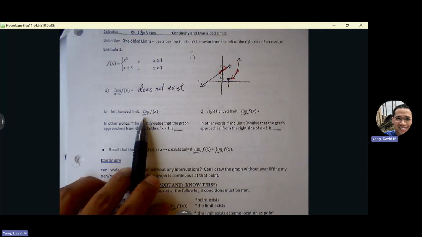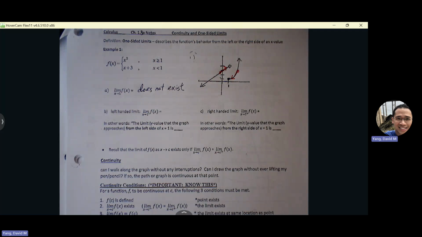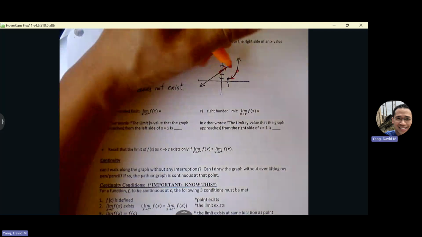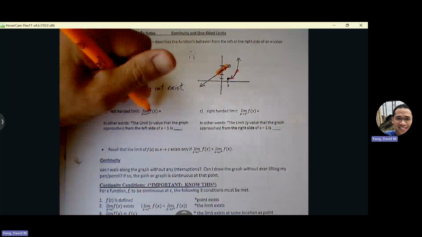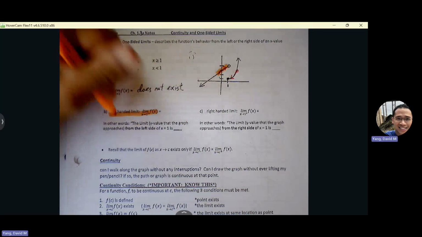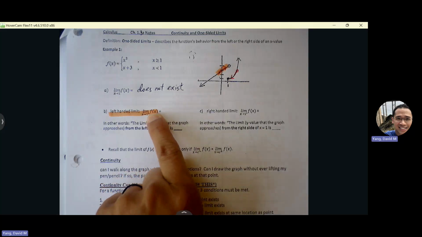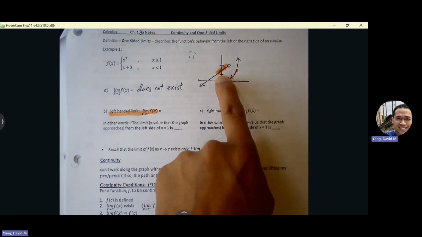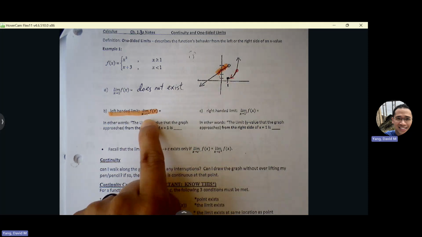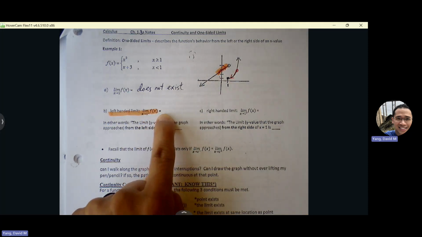So the left-handed limit is basically what this left arrow is doing. That's the behavior of that left arrow coming from the left side of 1. So when you see that 1 with that negative exponent, that is indicating what this arrow is doing. I'm choosing a point to the left of 1, and I'm following that path towards 1, and I'm asking, where is that graph headed?